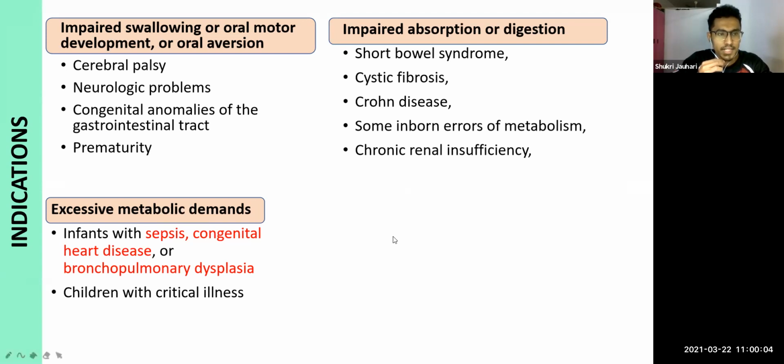And for the last indication, we give the orogastric and nasogastric tube if the patient has excessive metabolic demands, such as infants presenting with sepsis, congenital heart disease, or bronchopulmonary dysplasia. And in children, it can be due to any critical illness.